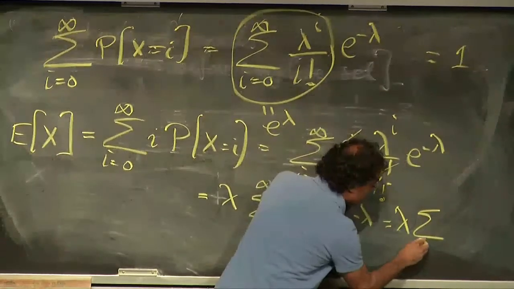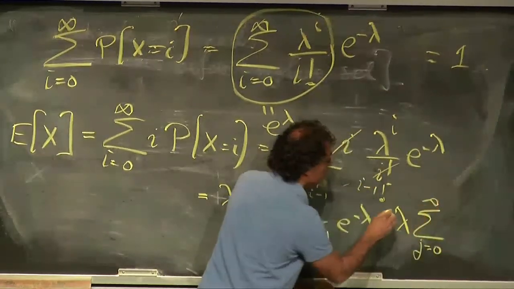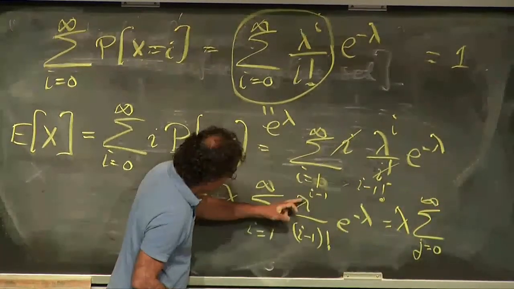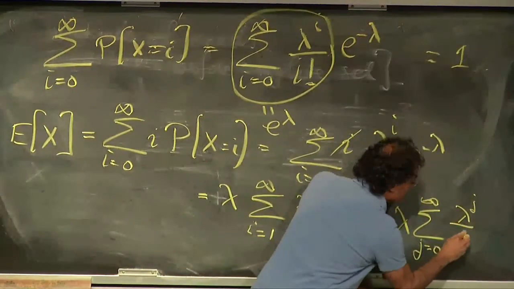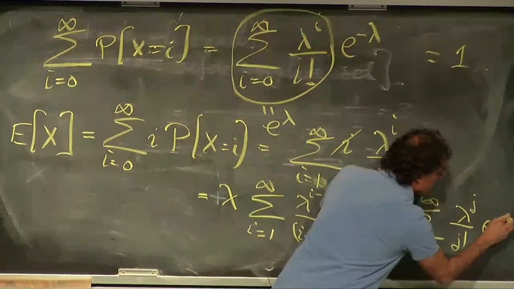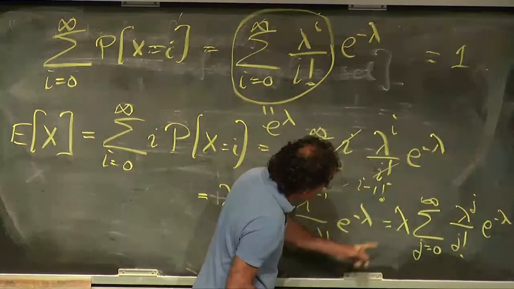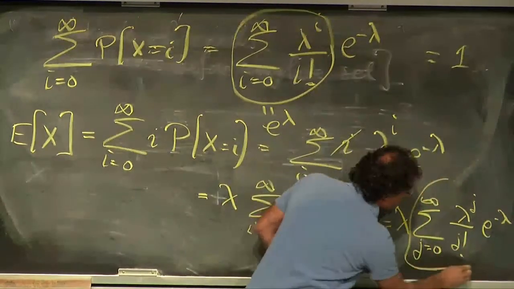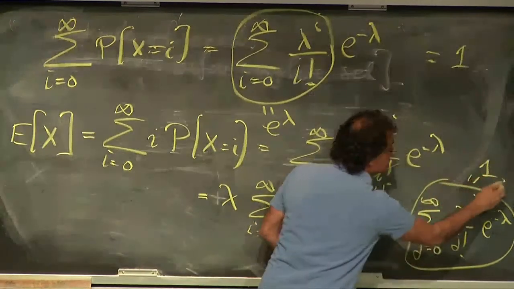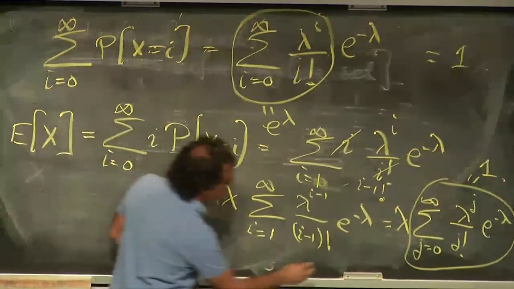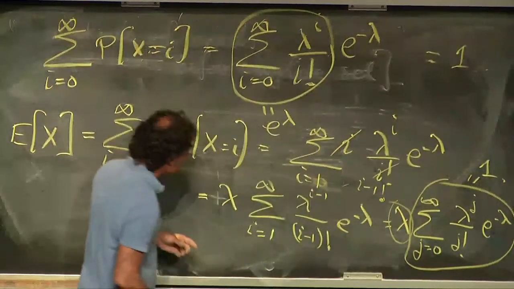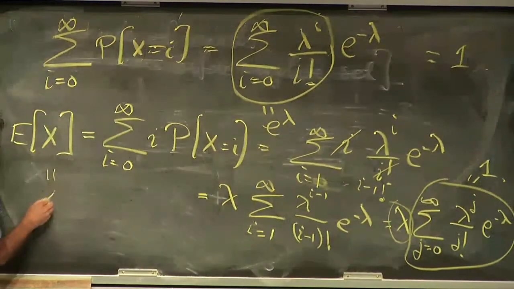So you get lambda to the j over j factorial e to the minus lambda. And remember, this is what we already showed was equal to 1. Right? So what you're left with is just lambda. So the expected value of x is lambda.